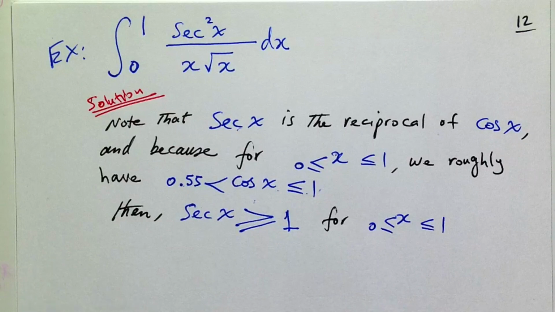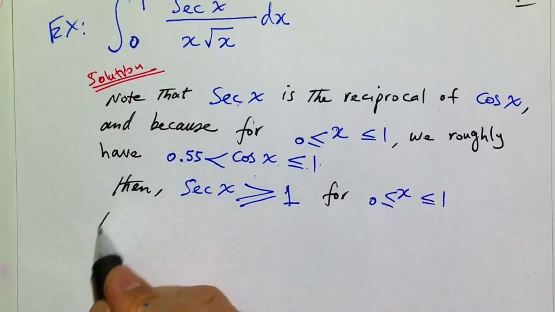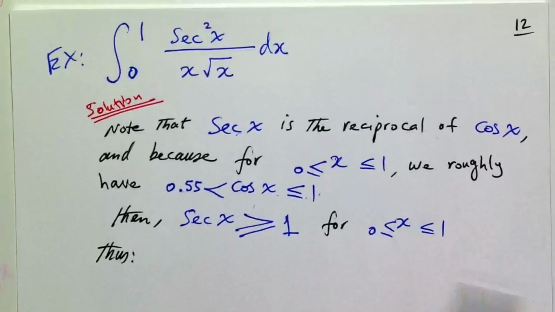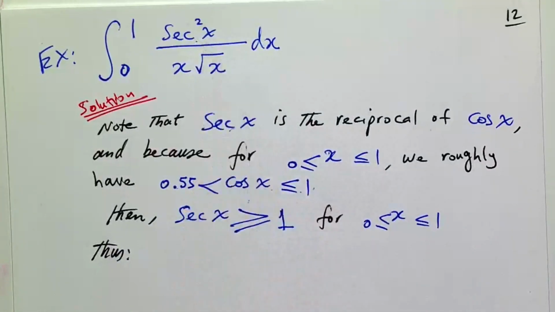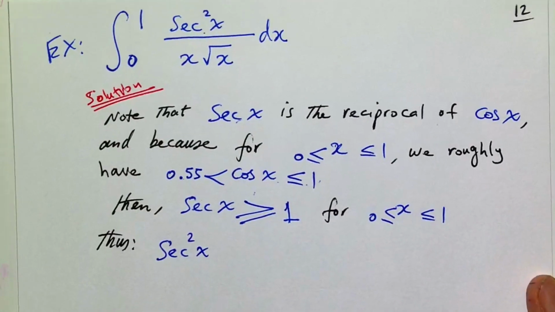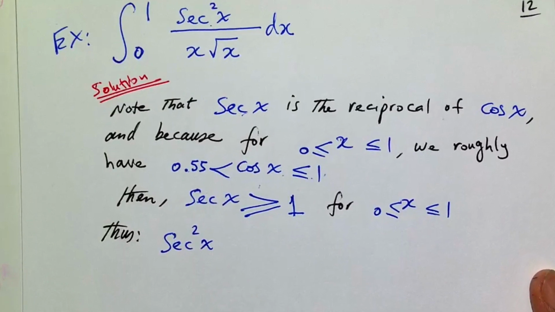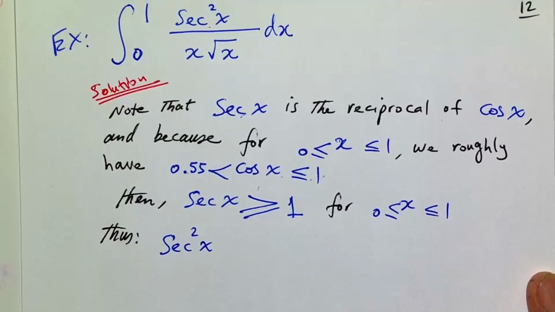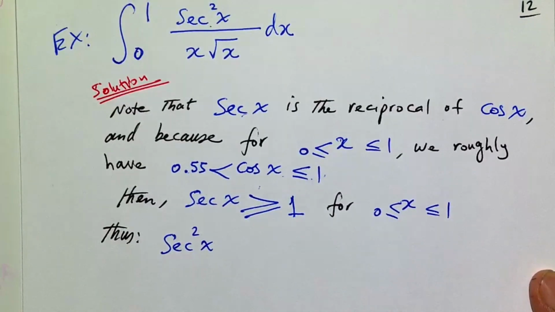So based on that understanding, we can say that for that integral, this secant squared x, I'm trying to keep everything on the screen. If I sometimes scroll off the screen, I apologize, but like that. So it's barely visible.